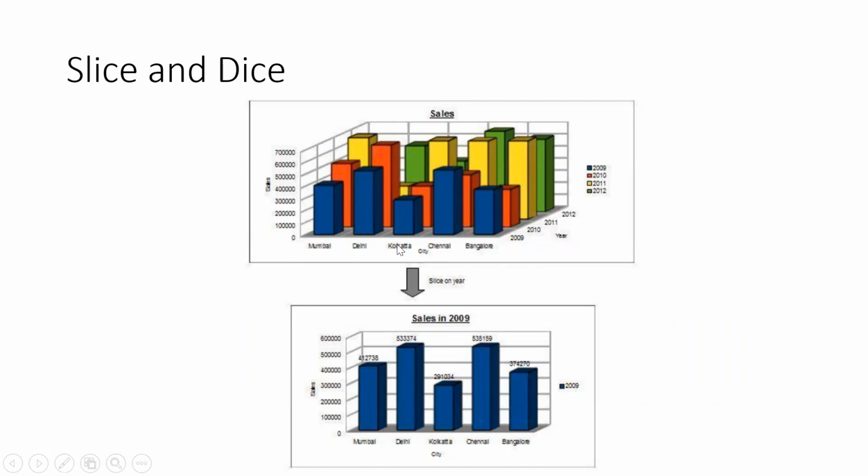In X and Y, the two dimensions are represented, year and city, and in the Z axis it's sales. If we choose a particular year over here, we are slicing based on a year.